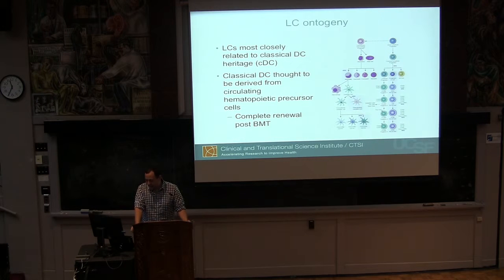Interestingly enough, in bone marrow transplant patients, this does seem to be something that comes from the bone marrow or at least circulates in the blood, because it seems to repopulate post bone marrow transplant as well. So these precursors are able to populate the skin again if needed.